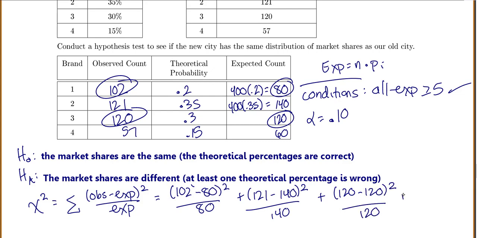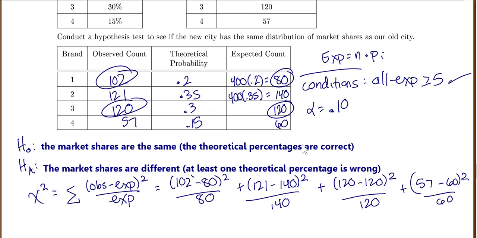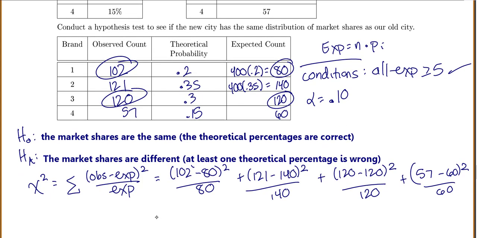Oh, that one is pretty similar. And finally 57 minus 60 squared over 60. So my first two were off from their expected counts, and the second set of two, numbers 3 and 4, were pretty similar. This gives me 8.78. That's my test statistic.